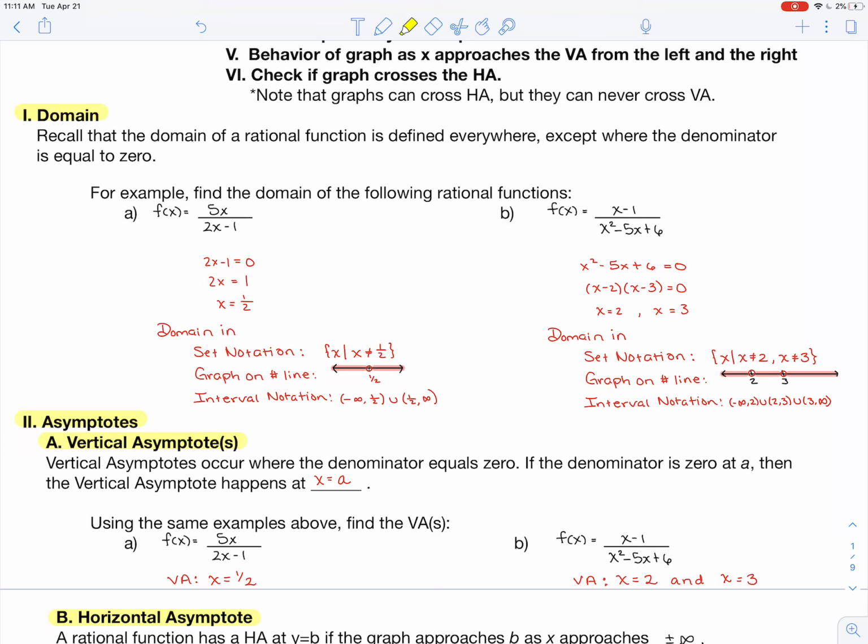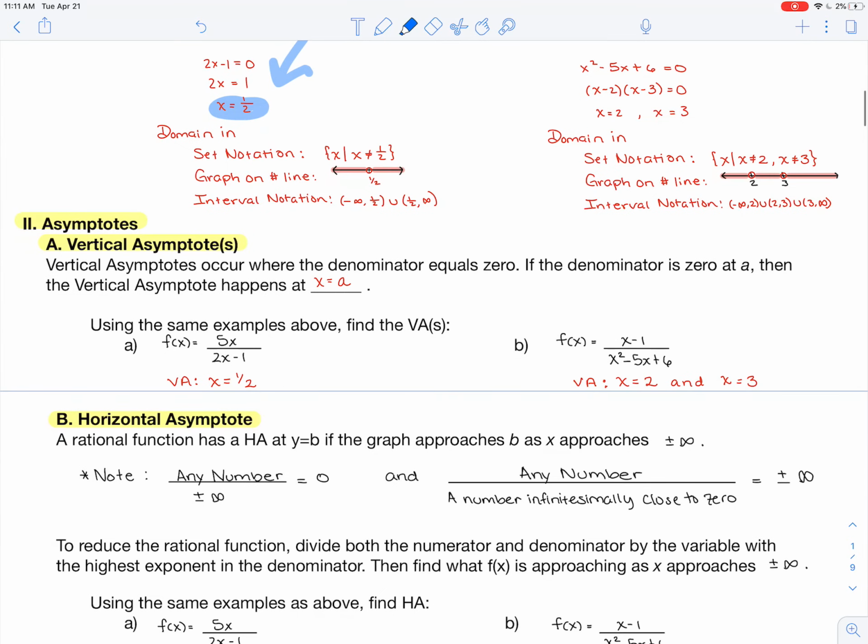In part A, we found that the denominator equals 0 at x equals a half. I'm just going to highlight it so you can follow along. Since the denominator equals 0 where x equals a half, that is our vertical asymptote.